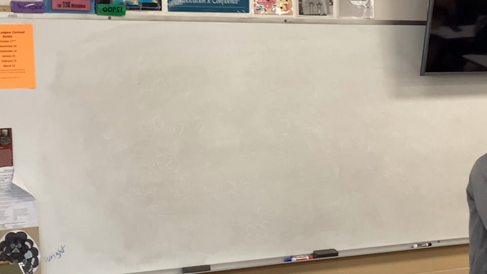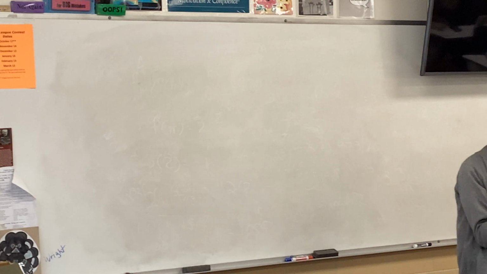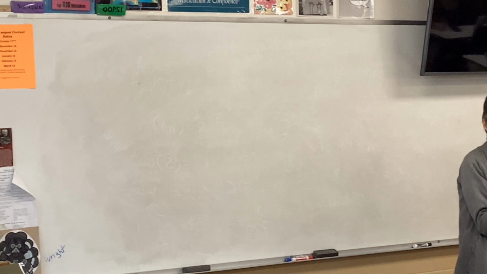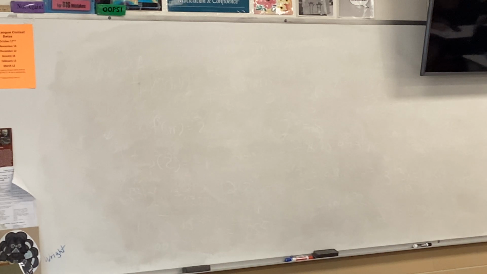All right, what about C? X's are being times by 10. Y's are being times by 2. That's neither. It's not exponential or logarithm. It's nothing that we know at this point. All right, what about D?